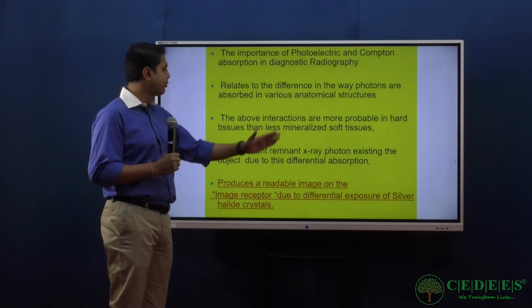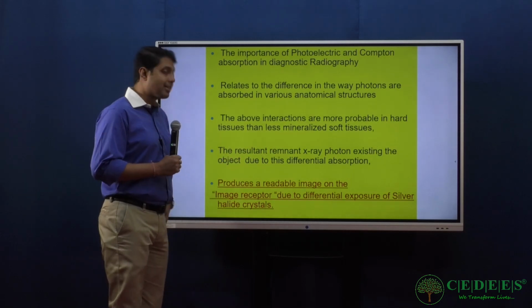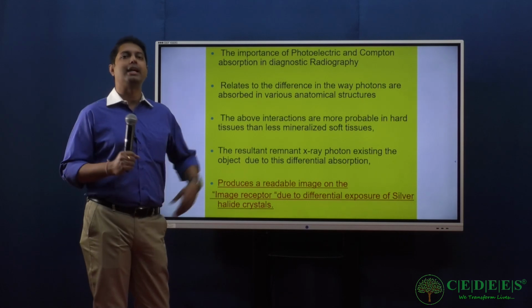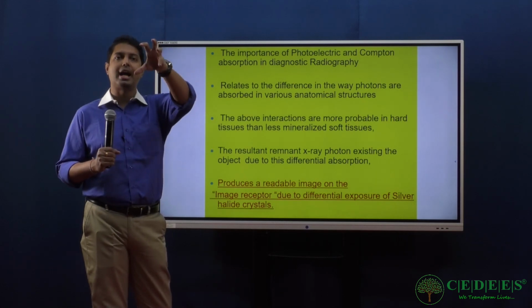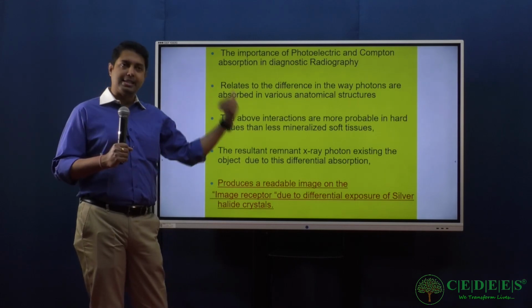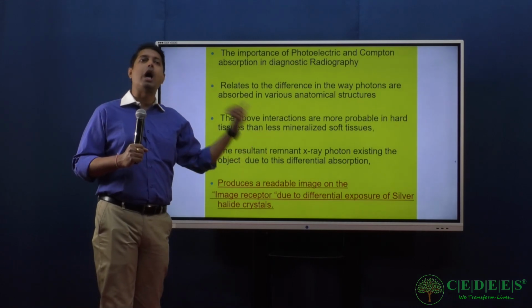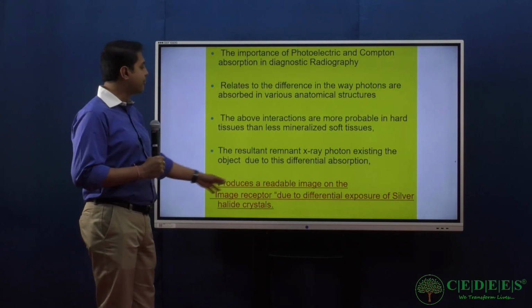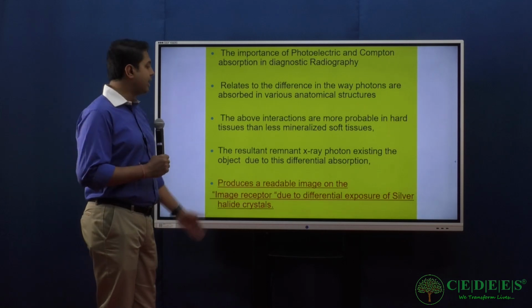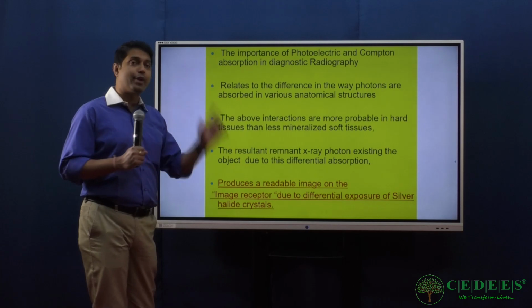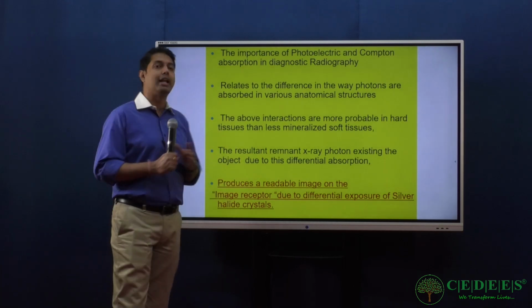So the resultant X-ray photon exiting the object exists due to this differential absorption. What differential absorption? In some, it will interact with the innermost electron, like in photoelectric absorption. In some, it will interact with the outermost electron, like in Compton scattering. That ultimately produces a readable image on the image receptor, that is a film, due to differential exposure of silver halide crystals.